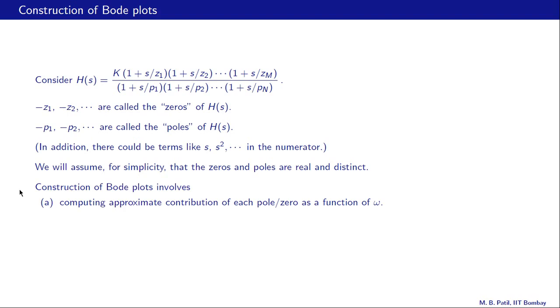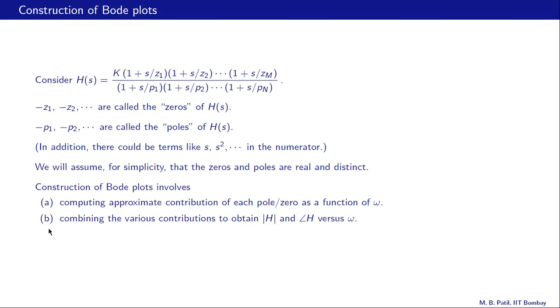Now what does the construction of the Bode plots involve? A. Computing the approximate contribution of each pole or zero as a function of omega. That means we look at the contribution of this term to h of s, we look at the contribution of this term to h of s and so on.